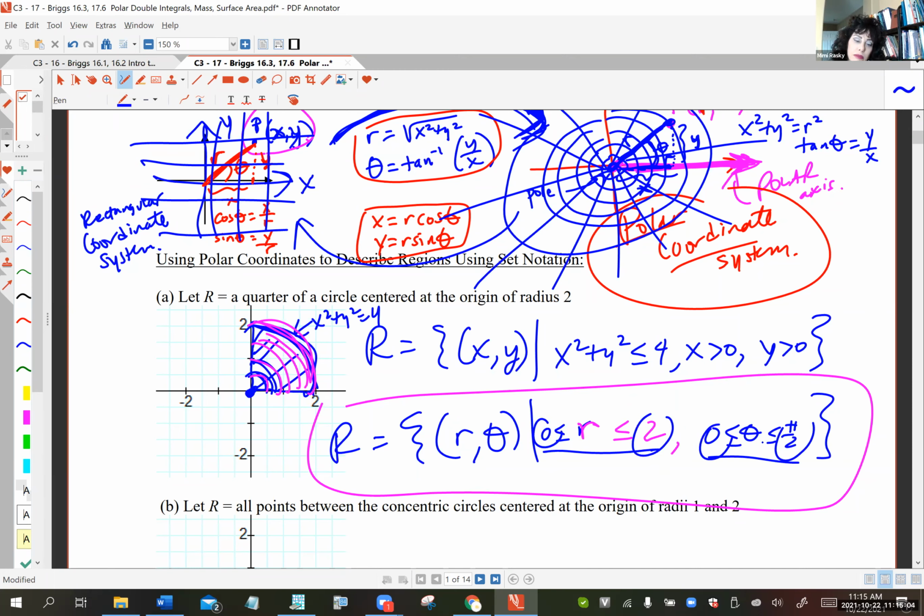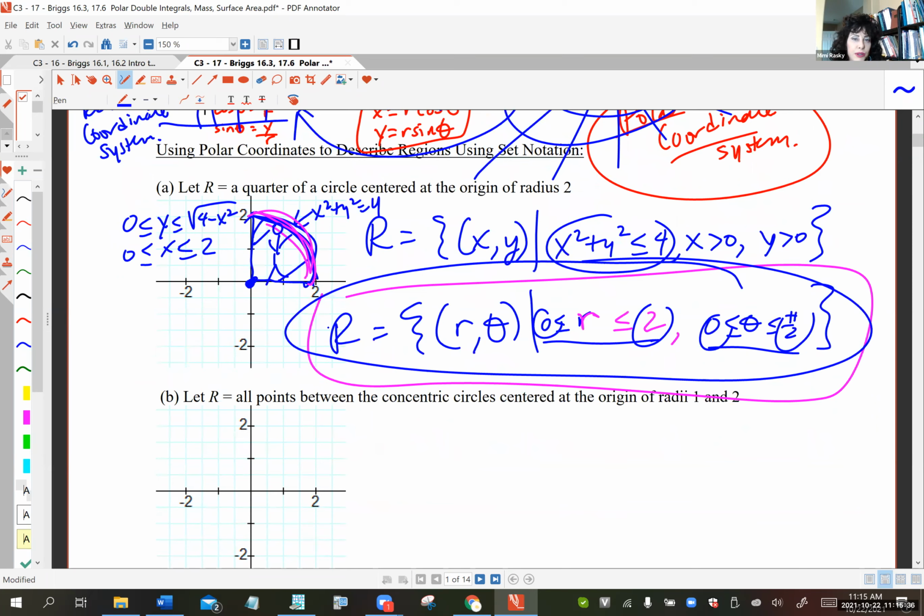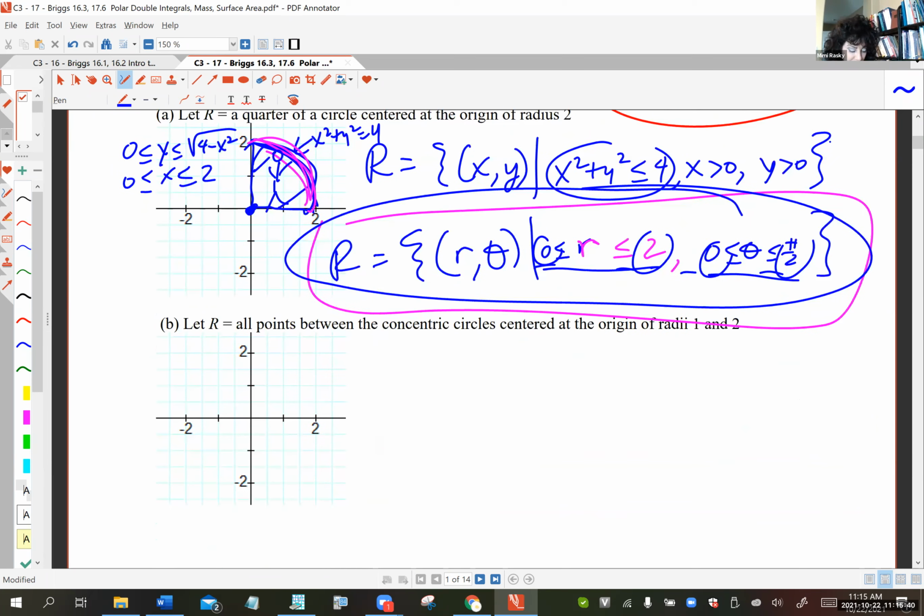Like if we did write this as an iterated integral, you could have x go from 0 to 2, but then when I put my little man in there vertically, my y would go between 0 and positive square root of 4 minus x squared. That would be the limits on a double integral. Kind of yucky. Whereas the limits for a polar double integral will be all pure numbers. Nice. That should give you some motivation right there.